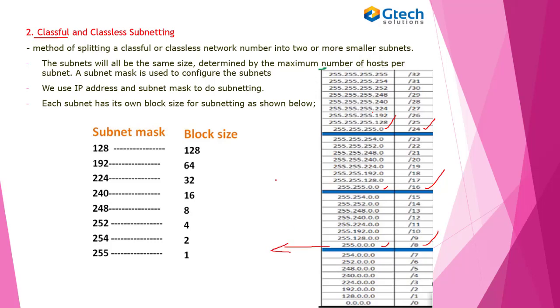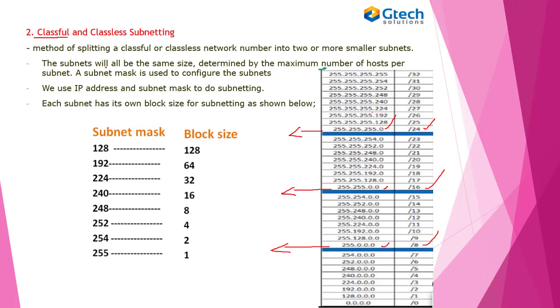If it is class B IP address, it's classified under classful IP address when its subnet mask is this one. If it is class C address, it's classified under classful IP address when its subnet mask is this one. They are always represented with a notation like class C's notation of /24, class B's /16, then class A's /8.